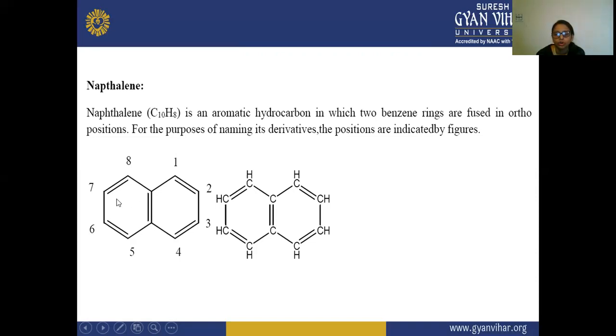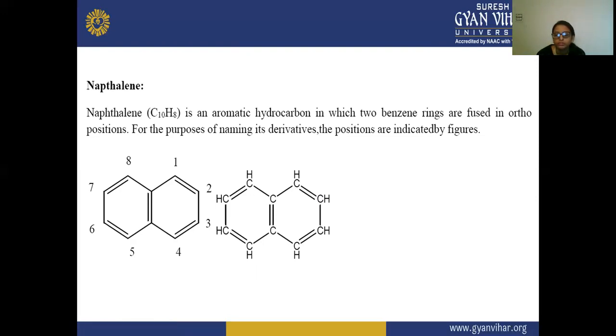So it is fused in your ortho position, and the hydrogen that is present in this naphthalene, you can count here, 1, 2, 3, 4, 5, 6, 7, 8. 8 hydrogens are there in this naphthalene ring. So here double bonds are present on this portion, and here this carbon is not having any hydrogen because it is already bonded to four sides.